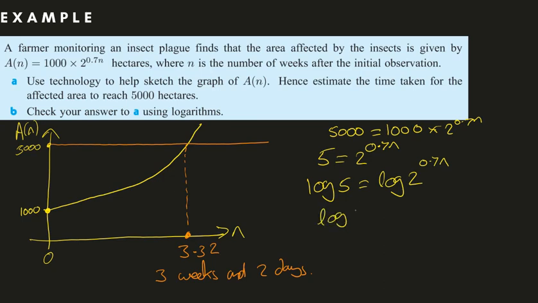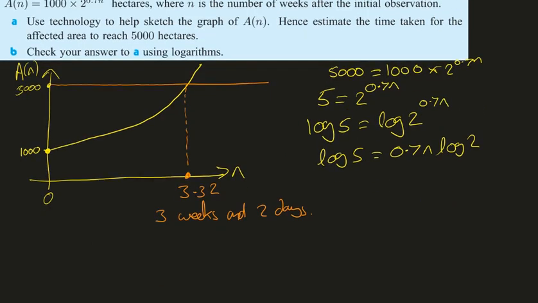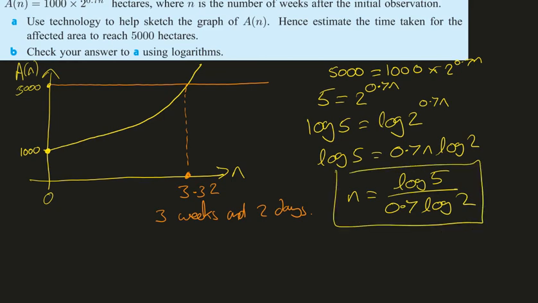So log of 5 equals 0.7 n log 2. And then to find n, we'll just divide both sides by 0.7 log 2. So n is going to be log of 5 divided by 0.7 log 2. And we can plug it on a calculator, and we're going to get 3.32 at that point.